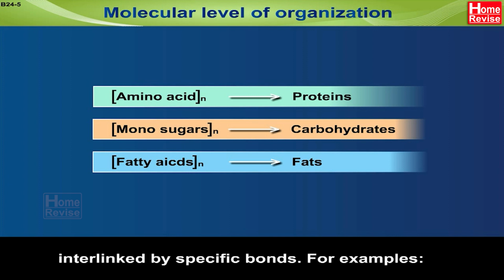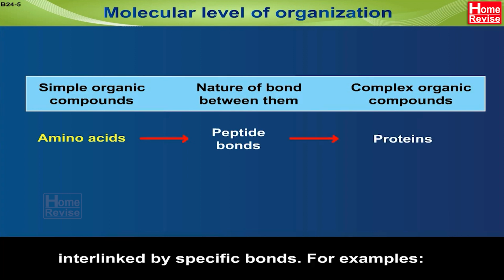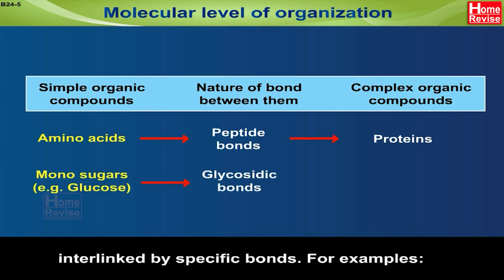For example, simple organic compounds like amino acids are interlinked by peptide bonds and form proteins, which are complex organic compounds. Monosugars, example glucose, are interlinked by glycosidic bonds between them and form complex sugars, example starch.